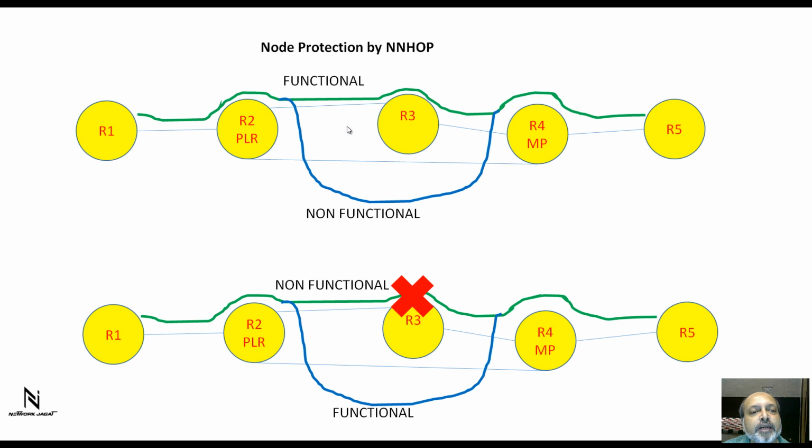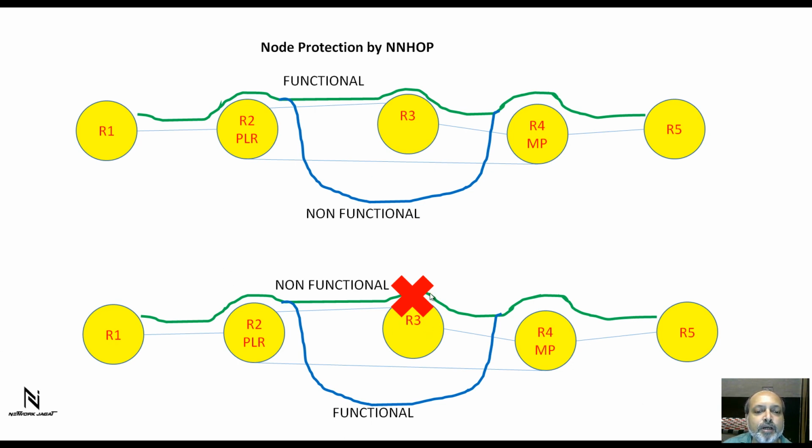And even if you maintain additional links between R2 and R3, as R3 has altogether failed, that means the router has become faulty. In that case, there is no use in maintaining multiple links between R2 and R3. So this is not a question of link protection. This is actually a question of node protection, because the node has become faulty.